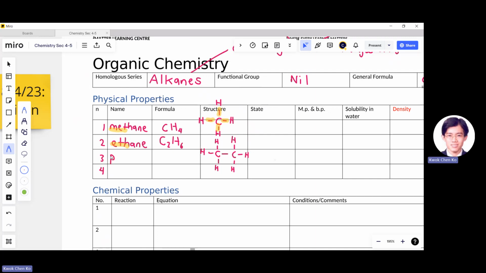Third one, name: propane. Prop means 3 carbons. Fourth one, butane.